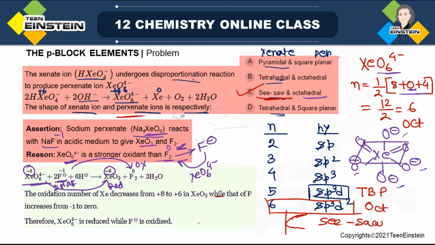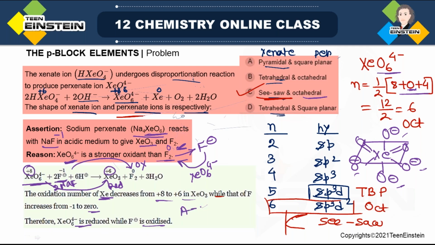And it is possible because XeO6 4 minus is a stronger oxidant than F2. The oxidation number of xenon is decreasing from +8 to +6, but for fluorine it is increasing from -1 to 0. That means it is loss of electron. Therefore, this is reduced and F minus is oxidized.